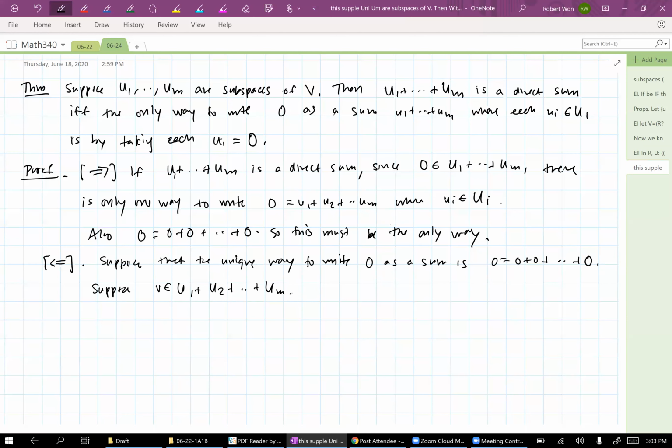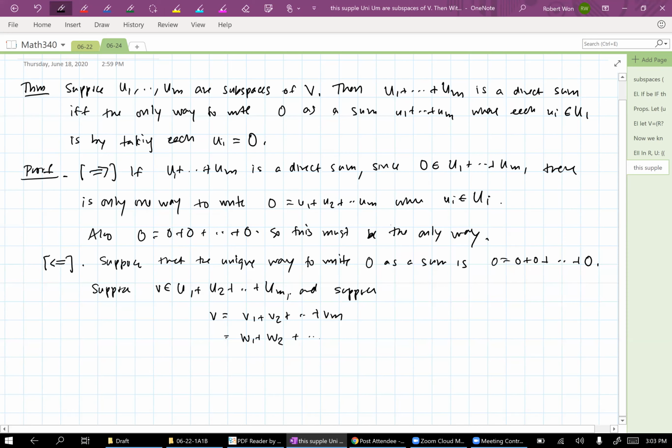So let's suppose that I have two different ways to write v. Right, so suppose that v, you can write either as v1 plus v2 up through vm, and as w1 plus w2 up through wm, where each vi and each wi is in Ui. Well, what do I need to show?